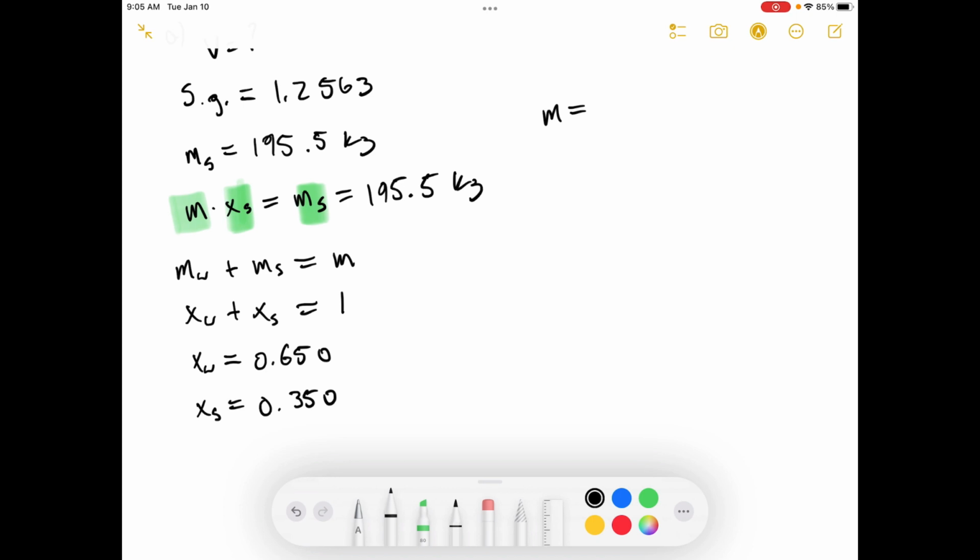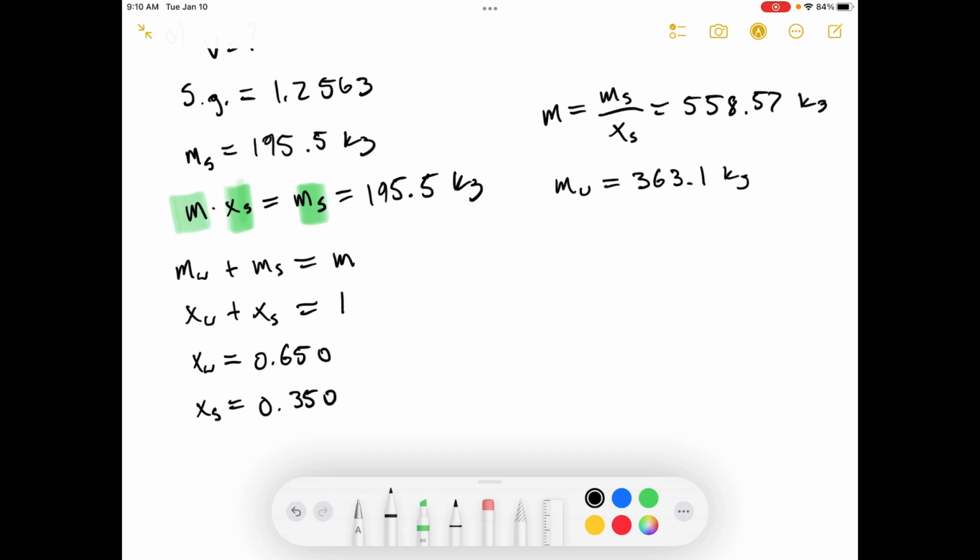the total mass equals the mass of sulfuric acid divided by the mass fraction, and this equals 558.57, and the mass of the water we can now calculate, and that equals 363.1.